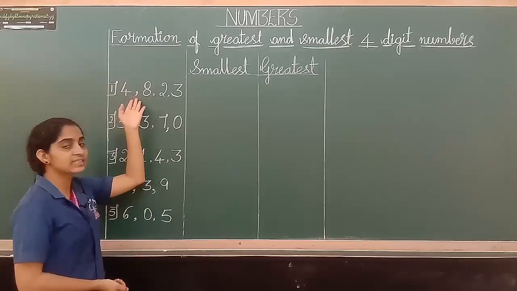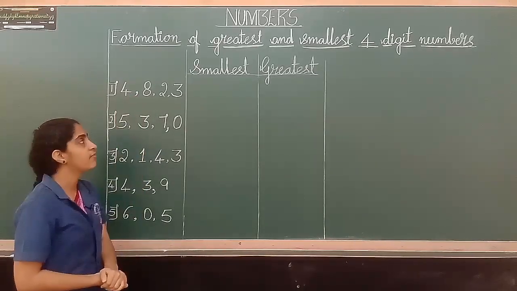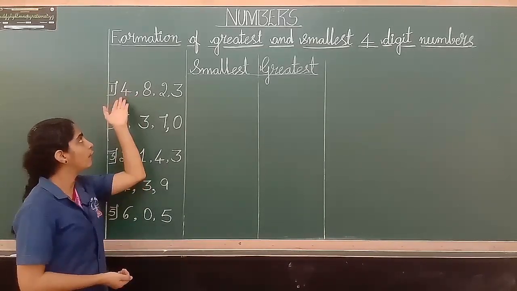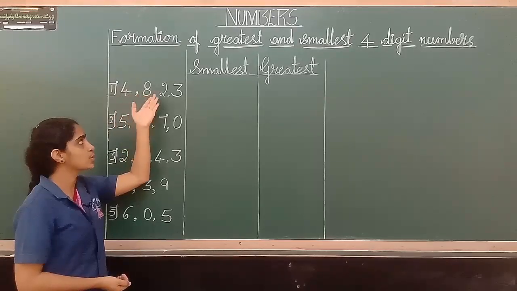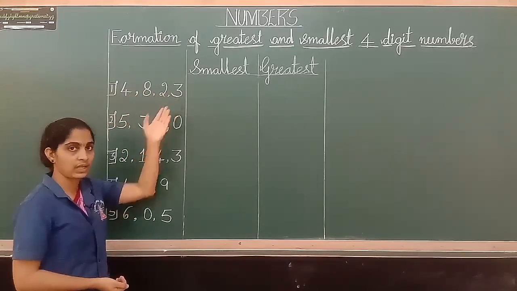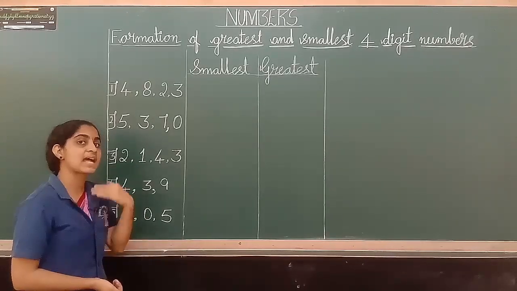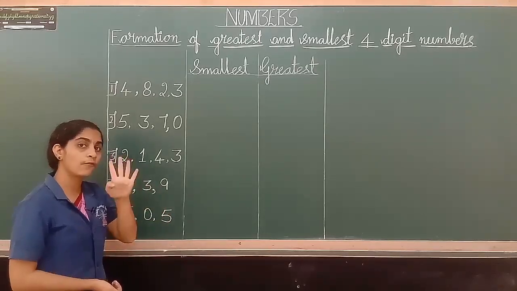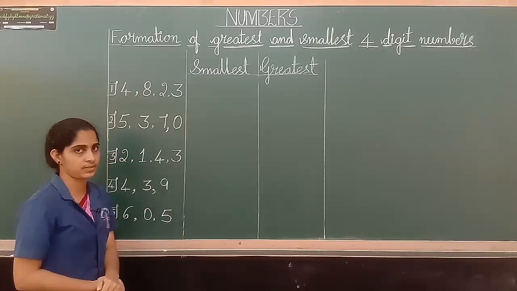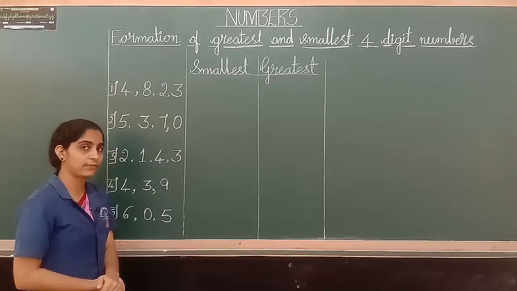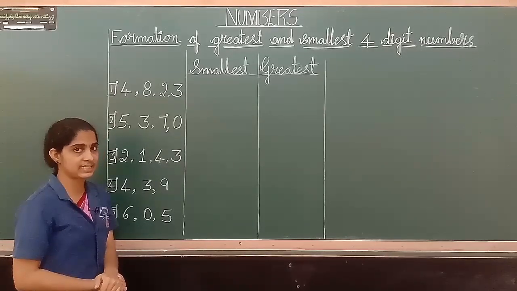Now, when you consider the first example, we have digits 4, 8, 2, 3. By using these digits, we have to form smallest as well as greatest 4-digit numbers. How can we form smallest and greatest numbers?